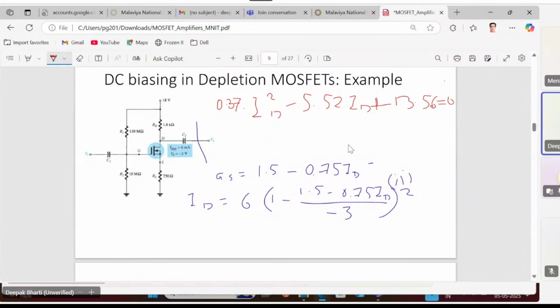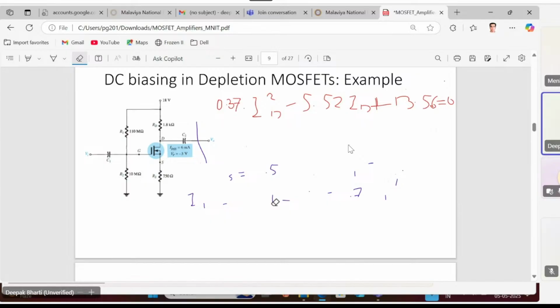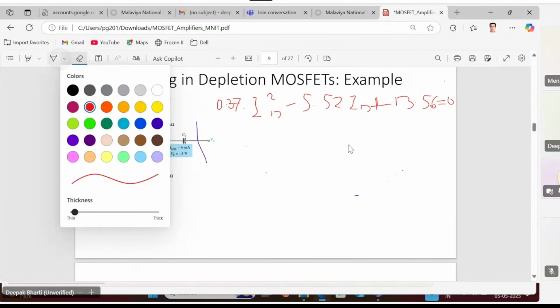Now we can try to find out its roots by applying the roots formula. So what is that? That is minus b plus minus square root of b square minus 4ac, divided by 2a. So if we do that, what will we get? I am simply writing down the value of the roots.